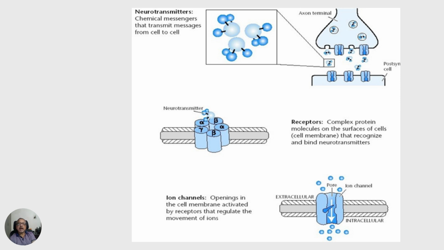This is the diagram of the neurotransmitter, where you can see the neurotransmitter being released from the presynaptic nerve terminal and binding to the receptor in the postsynaptic nerve terminal. You can also see a diagram of the ion channel which is present on the cell membrane.